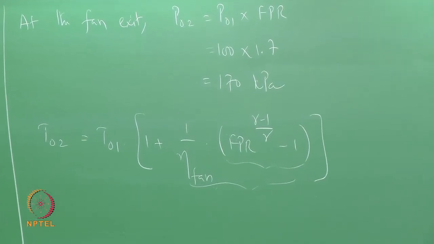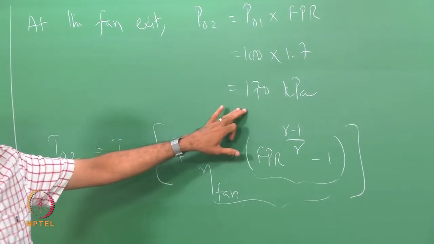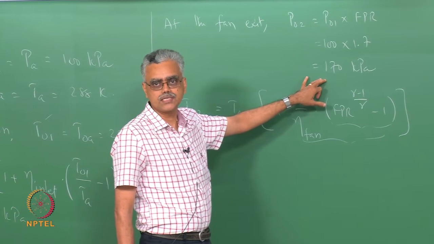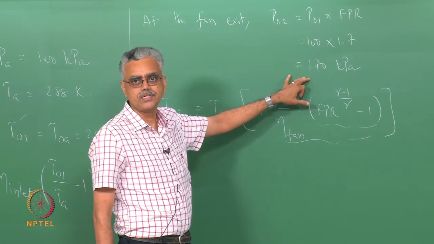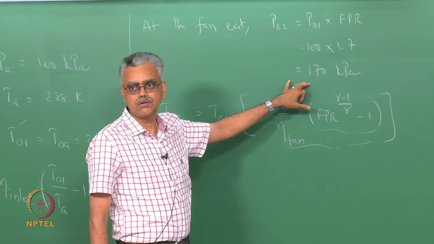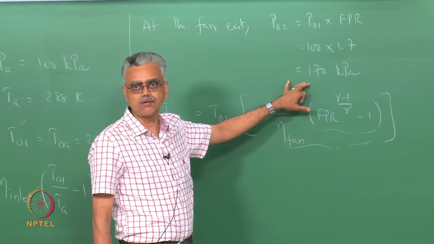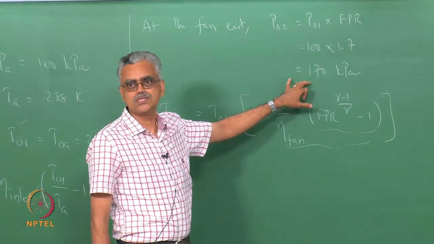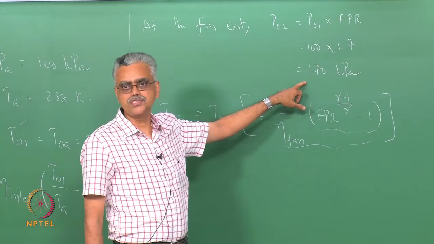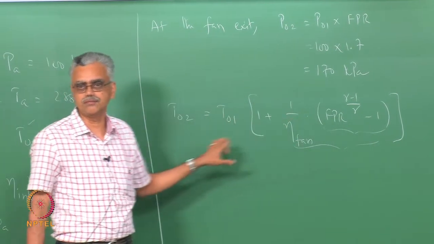So once I have P02, I know P02S. Once I know P02S, I can calculate T02S. States 02S and 02 are on the same isentrope. Once I know T02S, I can use the definition of the isentropic efficiency of the fan to calculate my T02, and that is what I have done here.